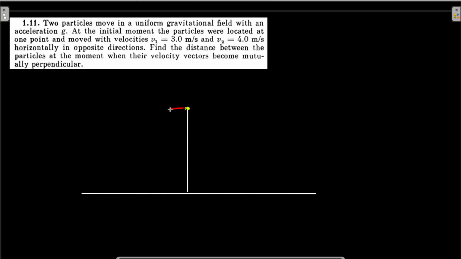It started like this and now it will move somewhere as a parabola, whereas this will have some greater velocity and will move like this. At each point they will have a velocity which we can consider the final velocity. The author wants us to know when these two become perpendicular, and at the point where these two become perpendicular, he expects us to find the distance between these two. You understand how it is happening in real life.